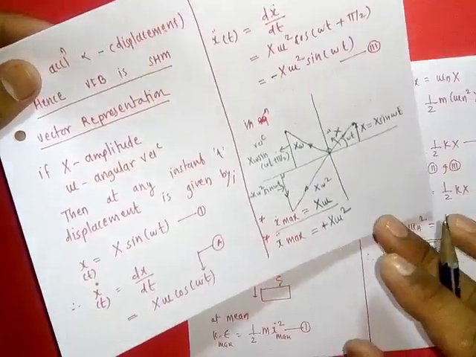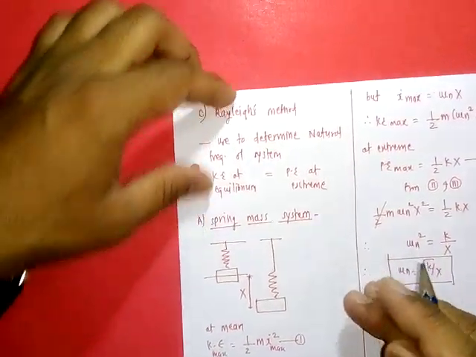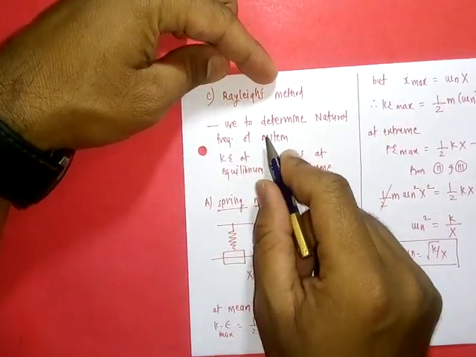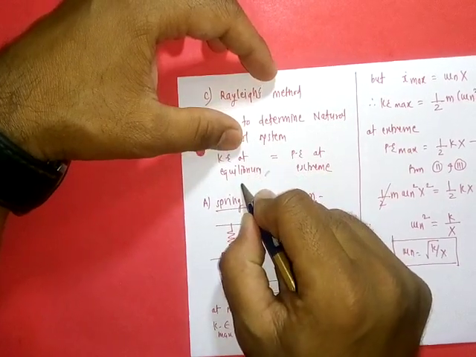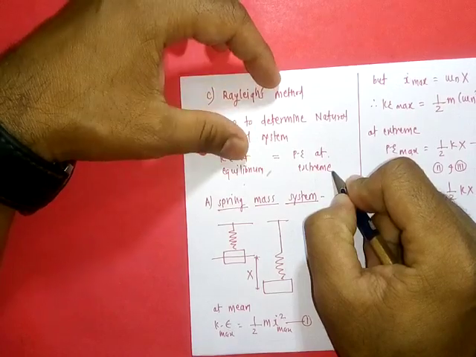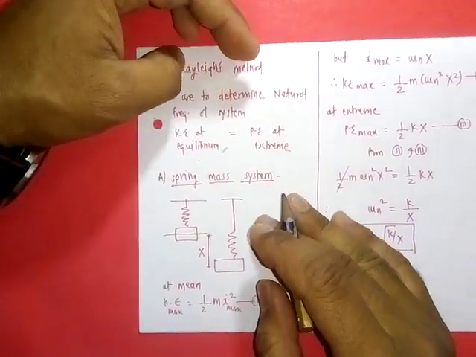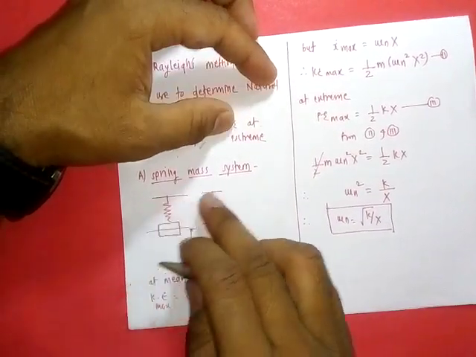So just check this. Now Rayleigh's method is comparing kinetic energy at equilibrium with potential energy at extreme position. We will consider only the spring mass system because there is a time limitation for this video.